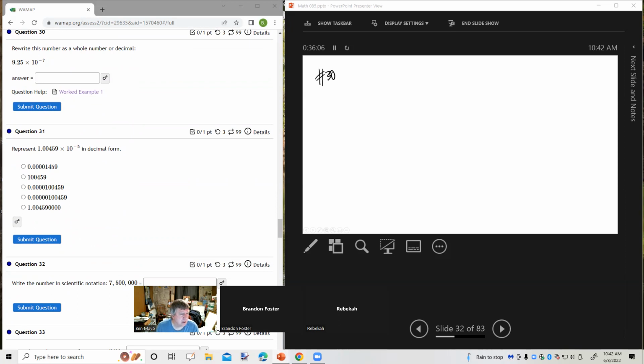Rewrite the number as a whole number or decimal. 9.25 times 10 to the -7. So what that means is we're going to move it 7 places to the left. 1, 2, 3, 4, 5, 6, 7.